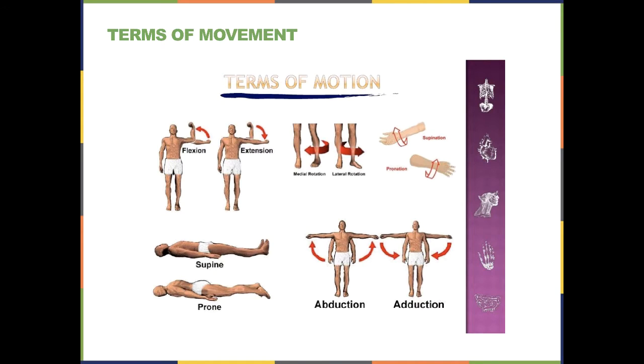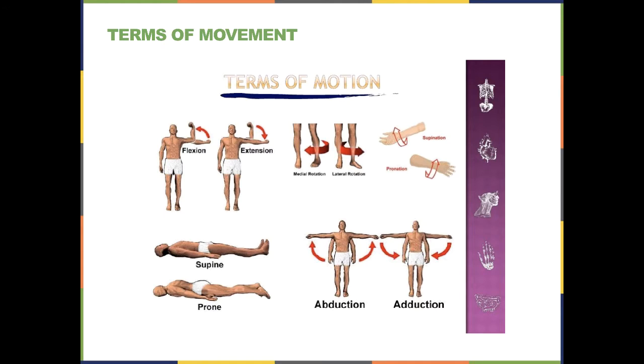Now, when we talk about types of movements, and this diagram does not in any way exhaust all the different types, essentially the important ones are, first of all, the difference between flexing and extending a joint.